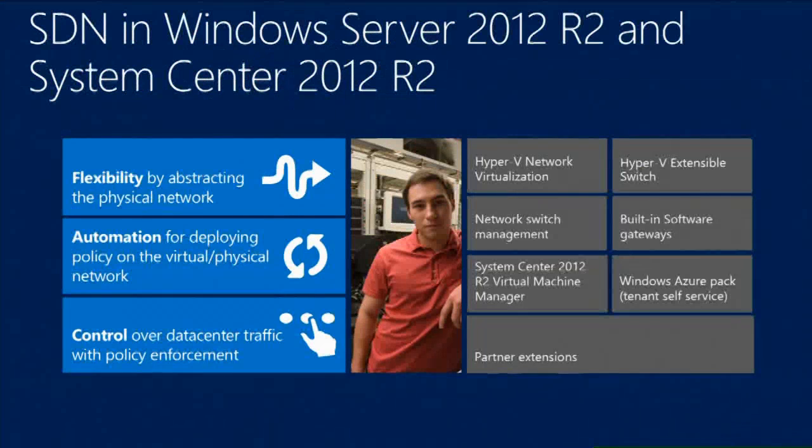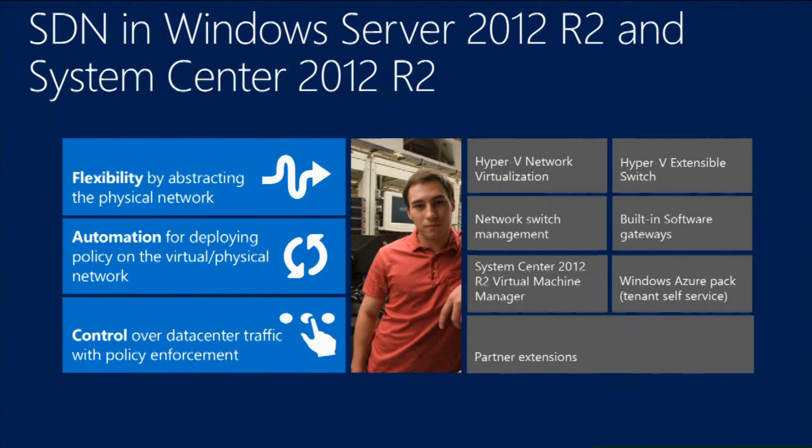Thanks, Dhananjay. So I think that shows the breadth of the ecosystem that we have surrounding the SDN solutions that we talked about today. I'm just going to quickly summarize by just reiterating SDN is the ability for software to dynamically manage the network so that the network appears as a set of pooled resources that you can automate.